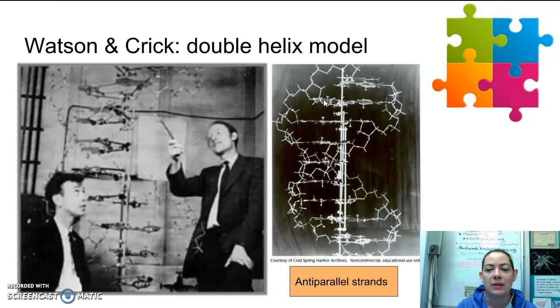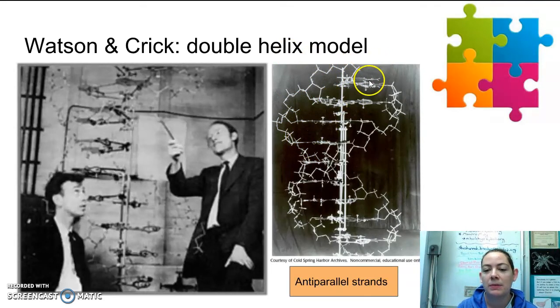DNA is a double helix, meaning that there's two strands of DNA that swirl around each other, so they make this nice double spiral thing. So it's called a double helix. And this part here is the sugar phosphate backbone.